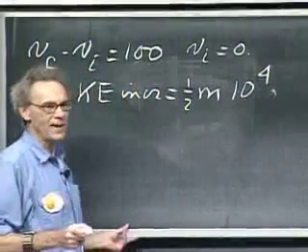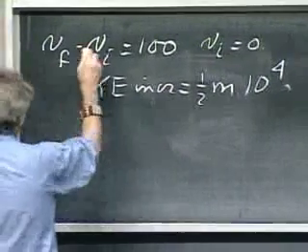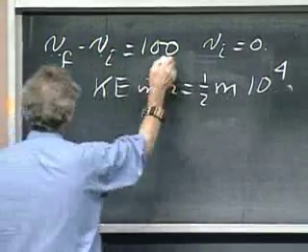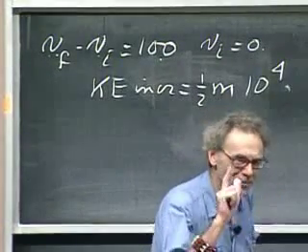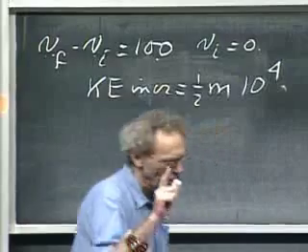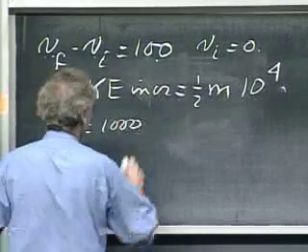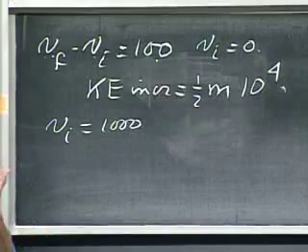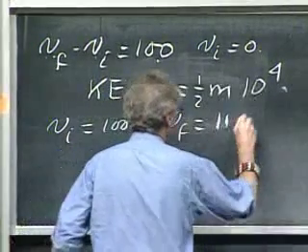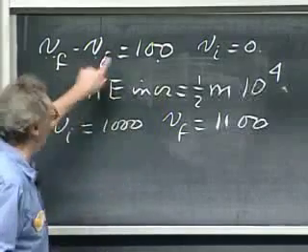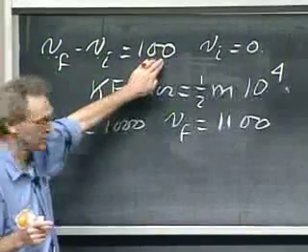Now I use the very same rocket, the same amount of fuel, the same burn time, so I get again that the final velocity minus the initial velocity is still 100. That's exactly the same. But before the burn, this rocket had an initial velocity of 1,000 meters per second. What is now the gain of kinetic energy? The final velocity is now 1,100. That's non-negotiable, because the rocket changes the momentum, changes the velocity by a fixed amount.